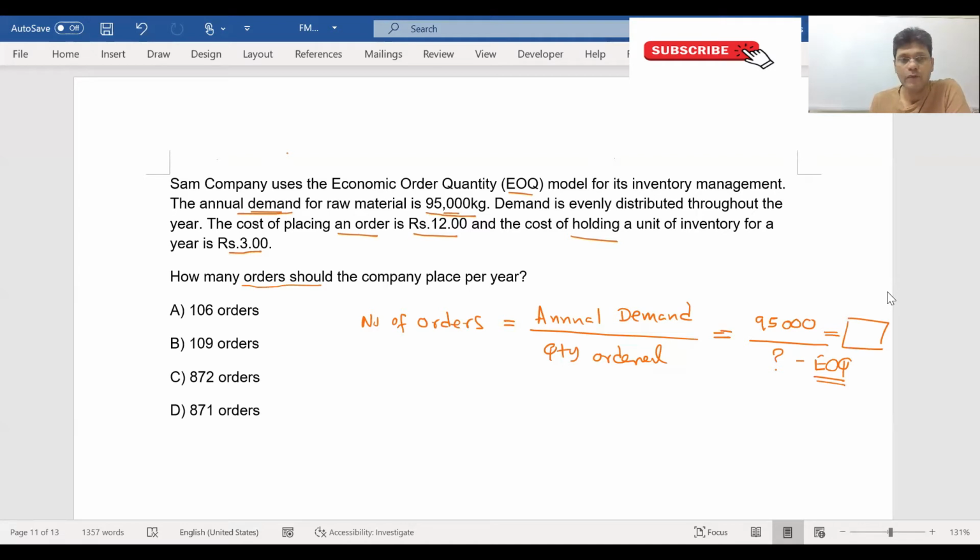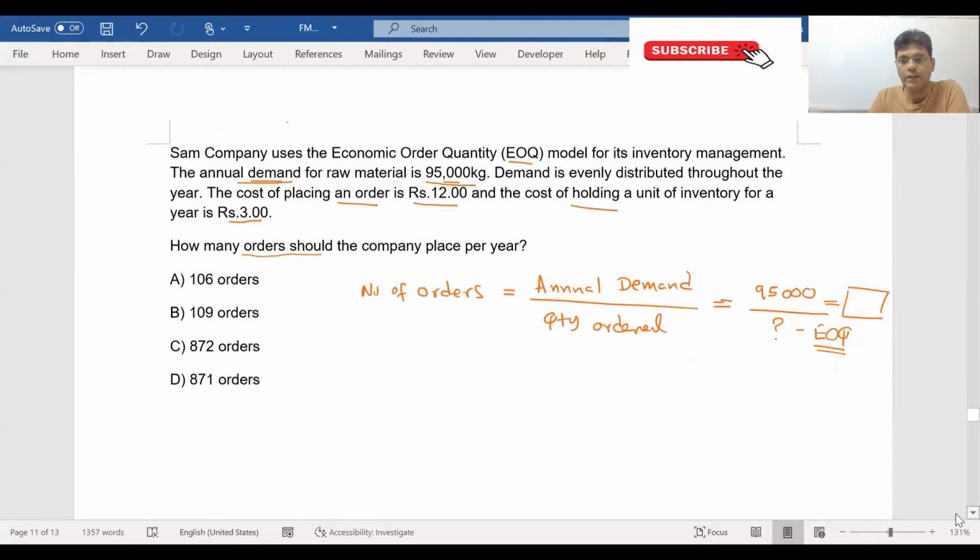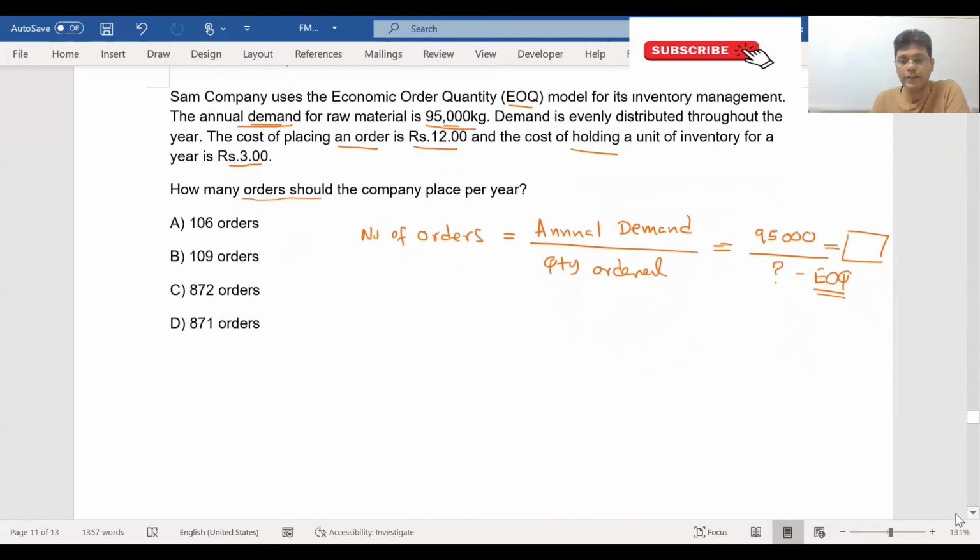Okay. Now, before we move on to the answer, let me explain the meaning of economic order quantity. What is economic order quantity?